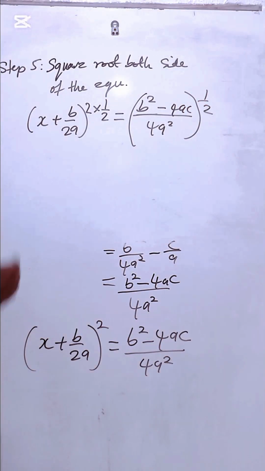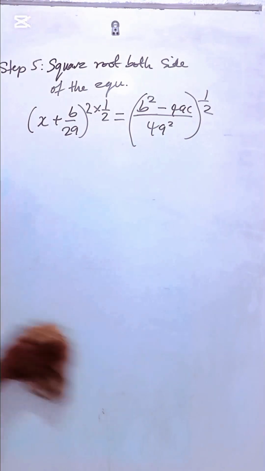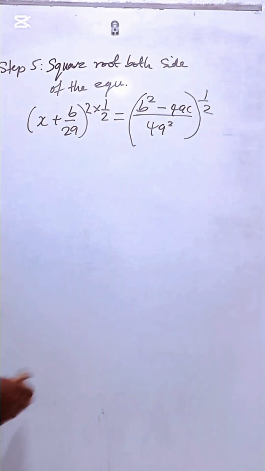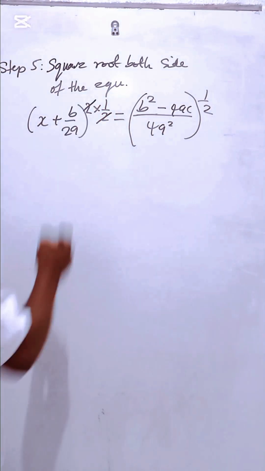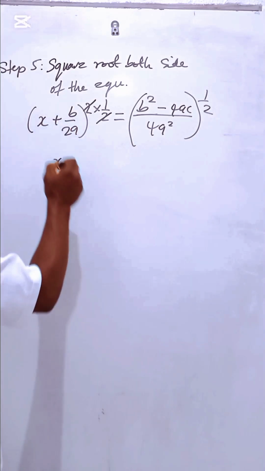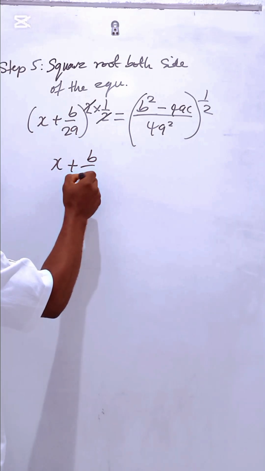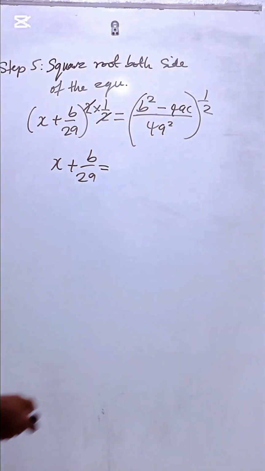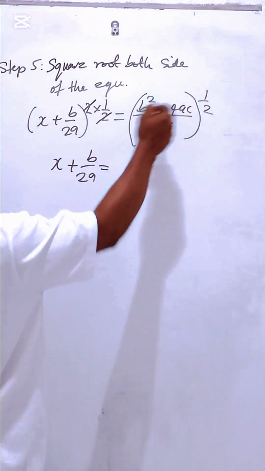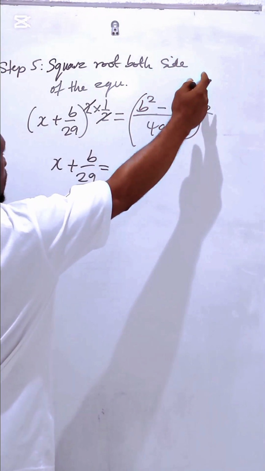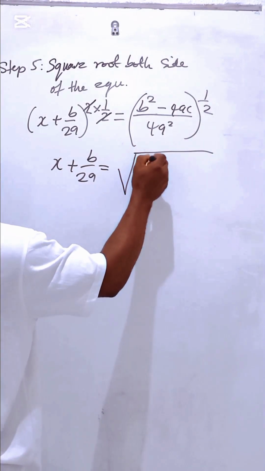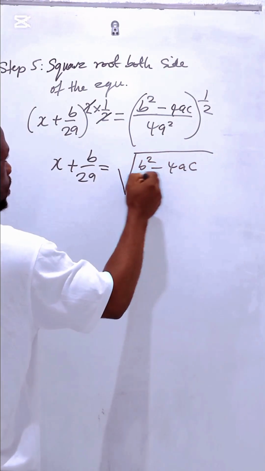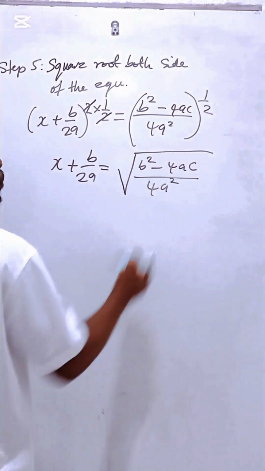So I raise both expressions to the power of 1 over 2 in order to square root both expressions. Now the 2 cancels out 2. So this expression becomes x plus b over 2a. B squared minus 4ac over 4a squared raised to the power half is the same thing as the square root of b squared minus 4ac all over 4a squared.